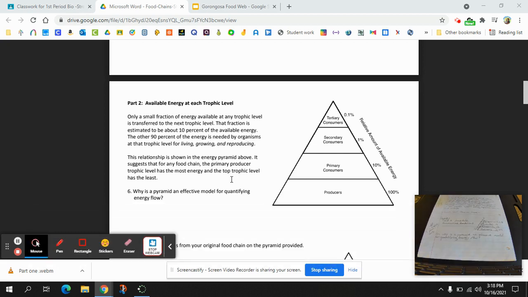You also need to include the diagram of the pyramid. Make sure to include each of the percentages as you will be using them in one of the following questions. Write out question 6 and answer it.